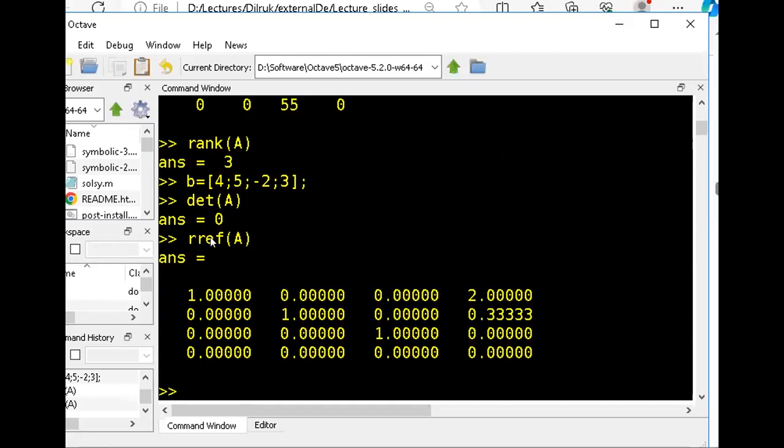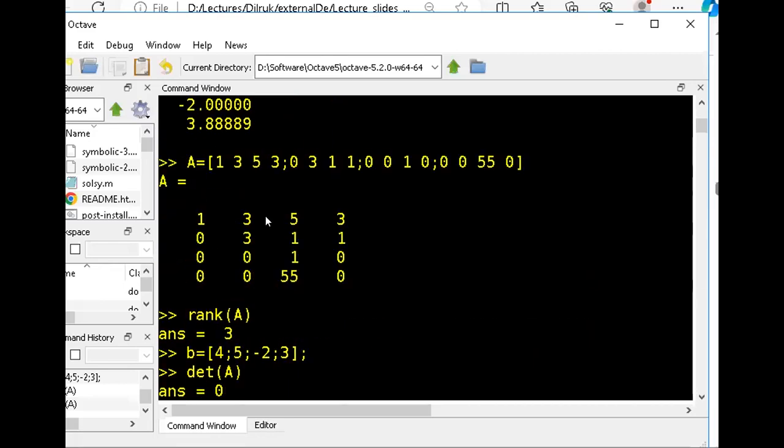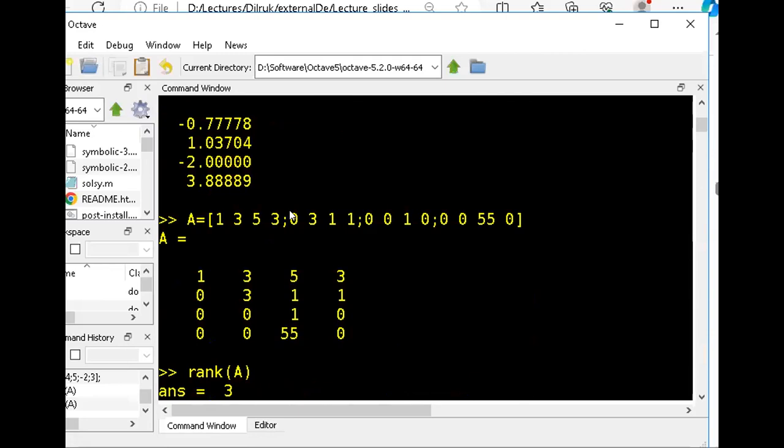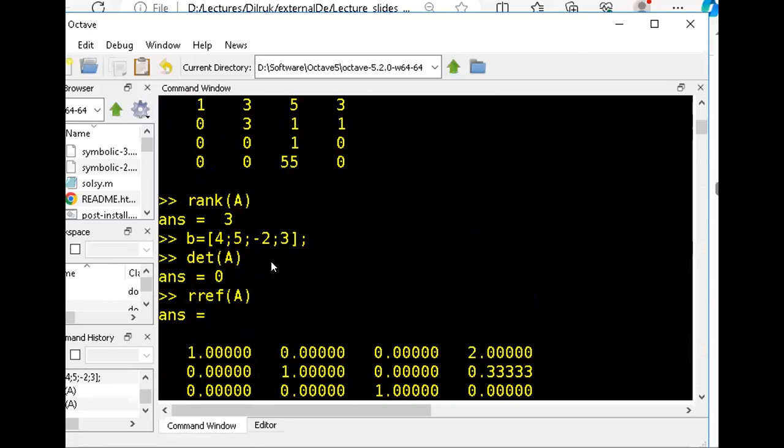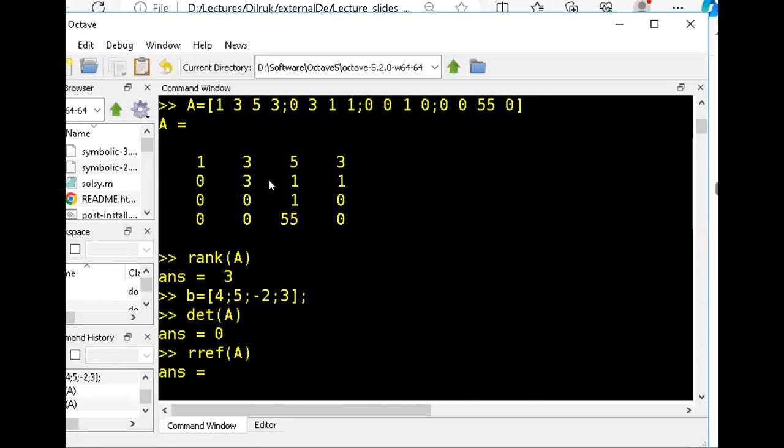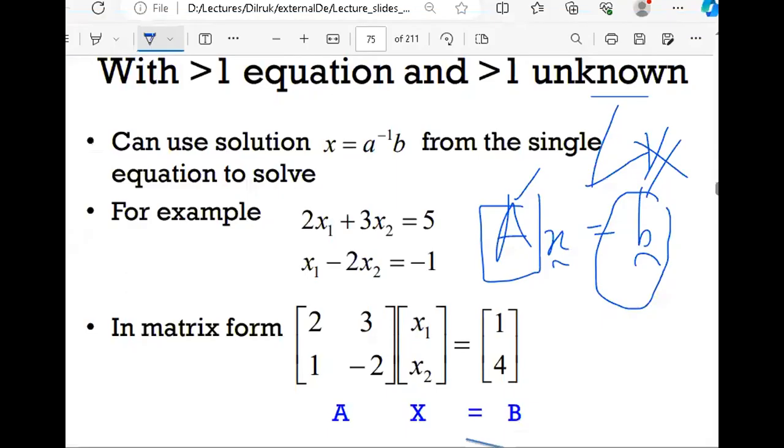If you take the row reduced echelon form of A, you can reduce this matrix A by performing row operations.